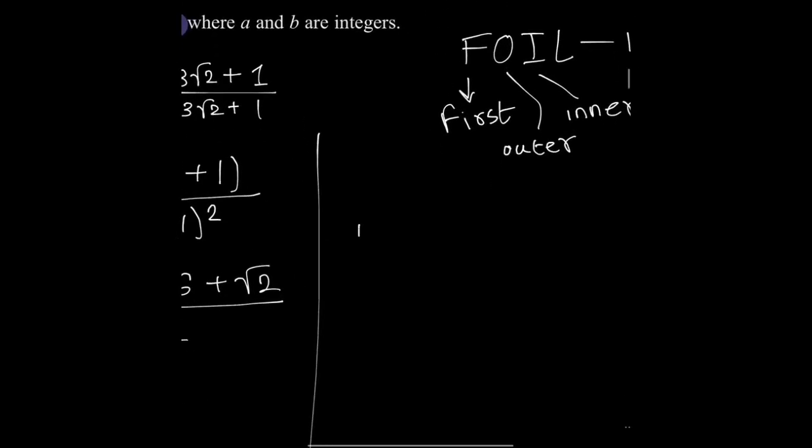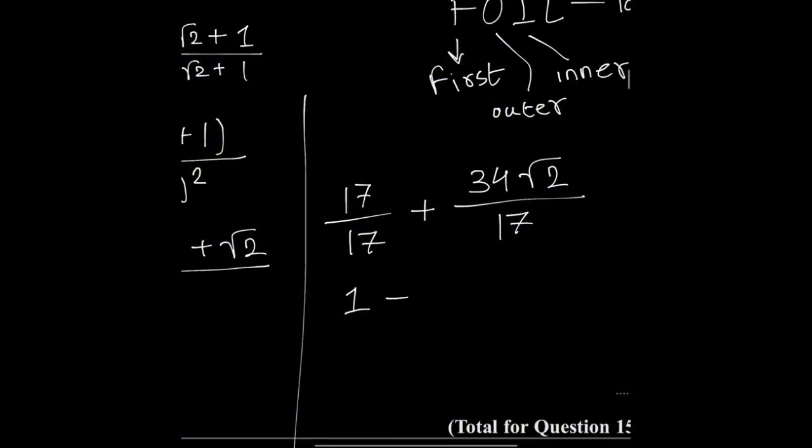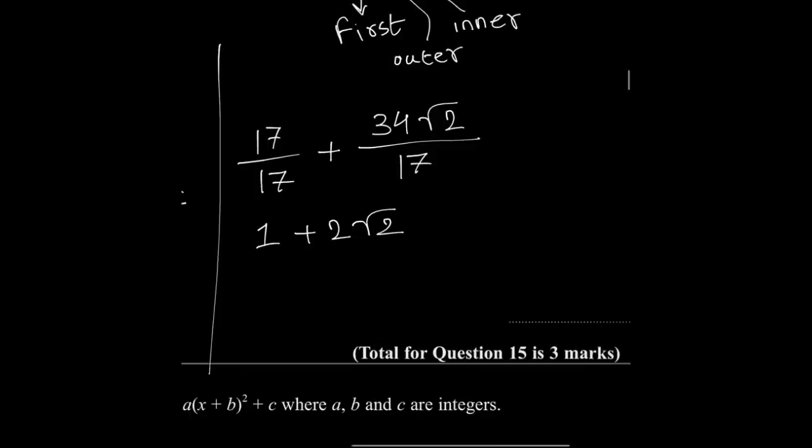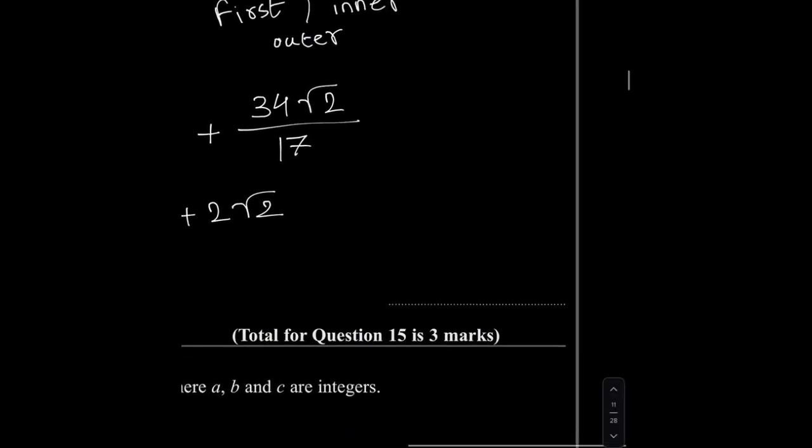If we write it like this, 17 plus 34 root 2 over 17, we're gonna get 1 plus 2 root 2. This is our answer and it respects the format they told us to write. So this is the answer.